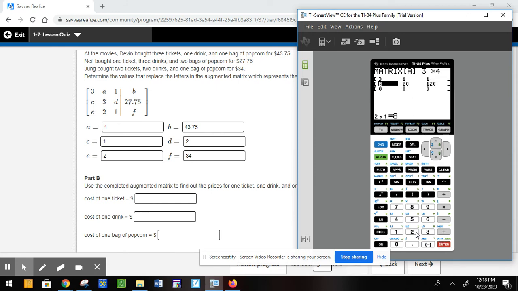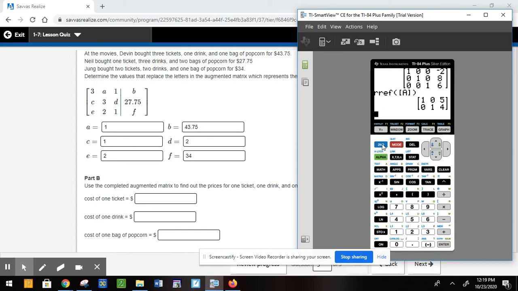And then across the second row, it's going to go 1, 3, 2, and then 27.75. And then E is 2, 2, 1, and then F is 34.